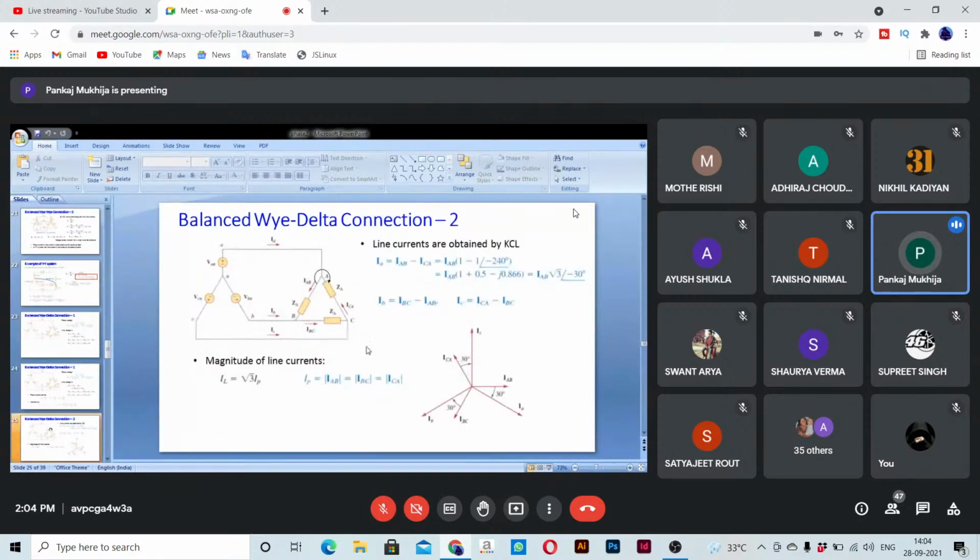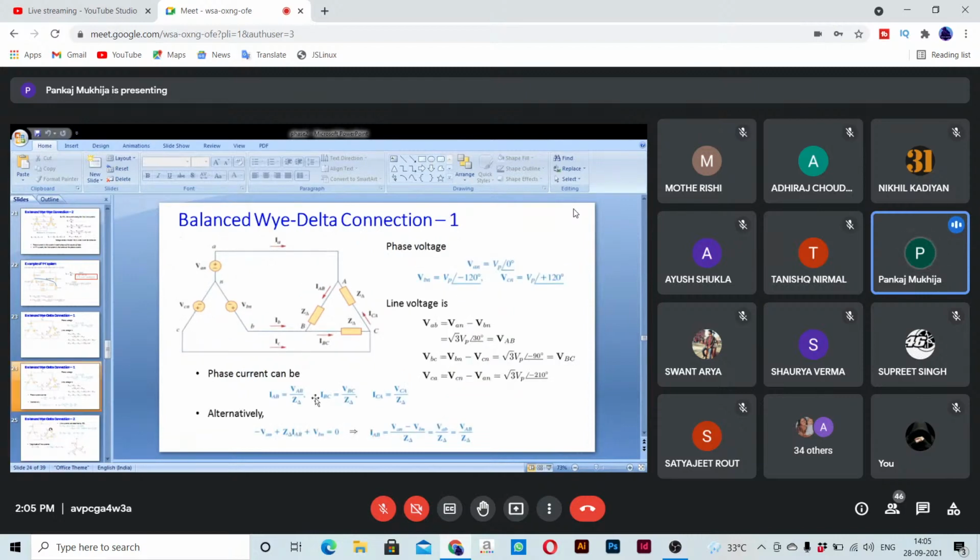Now the line currents you can obtain from KCL. IA is this top current, equal to IAB minus ICA. So it's just applying KCL. And now we know what ICA is, so you can express it in terms of IAB.